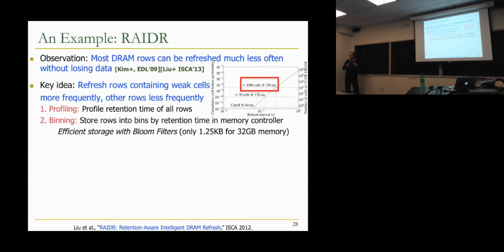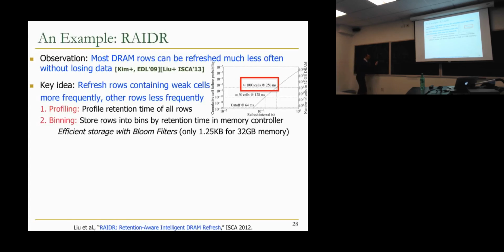So you have now a much smaller bit vector, and you insert those rows that need to be refreshed every 64 milliseconds by going through this hash function. You can have multiple hash functions also, right? Eventually, you have a bunch of bits that are set to 1, right? Does that make sense? And the bits that are set to 0 mean that elements that map to those zeros should not be refreshed every 64 milliseconds.